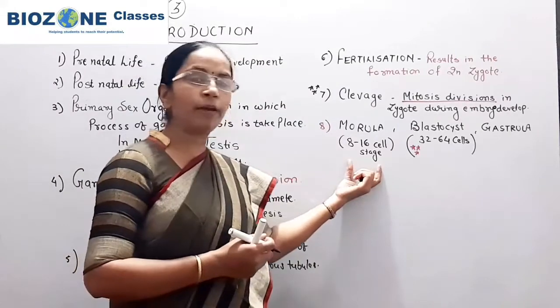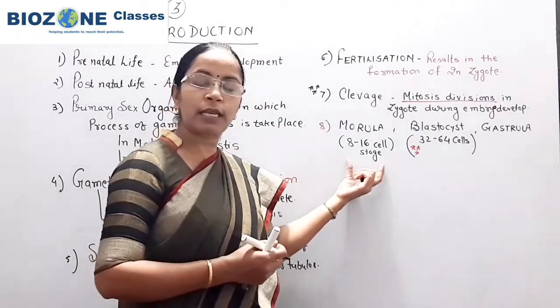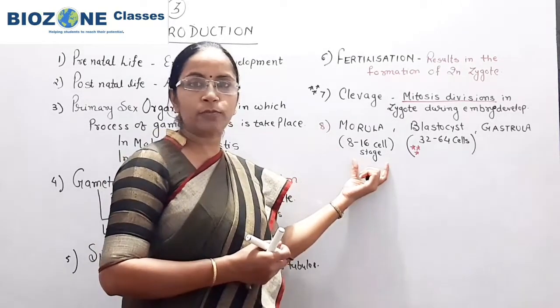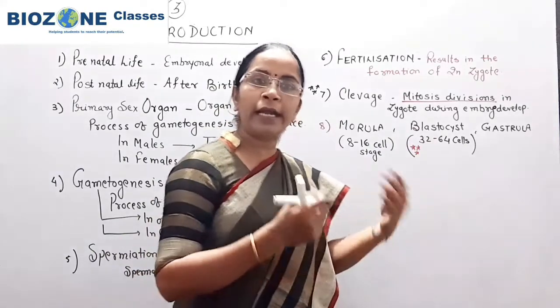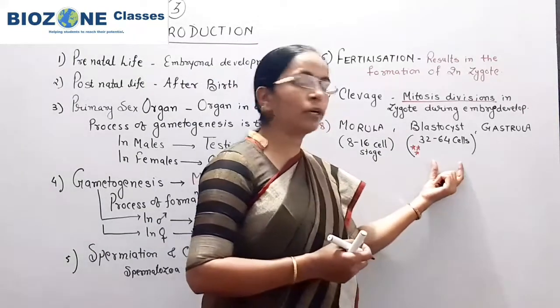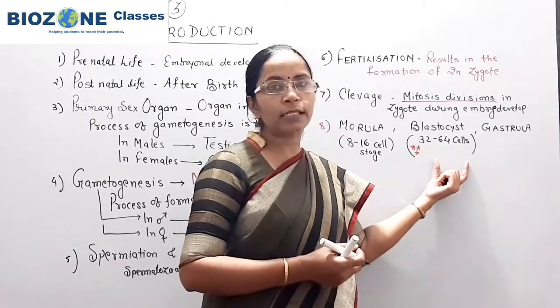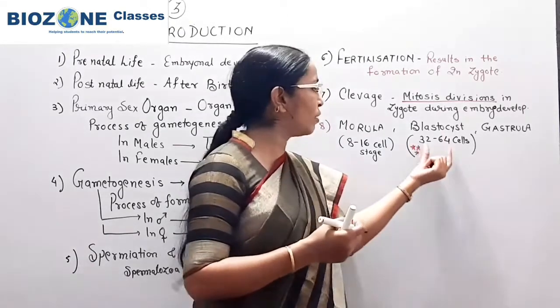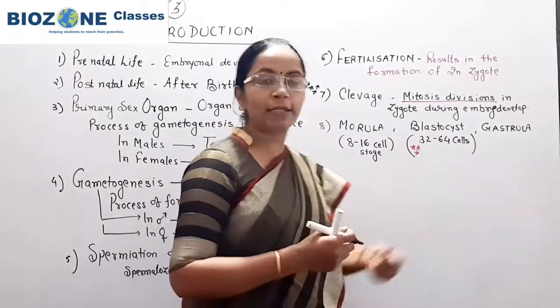The stage of the embryo showing 8 to 16 cells is called morula. These 16 cells further divide and develop into 32 to 64 cells. This 32 to 64 cell stage of the embryo is called blastocyst.